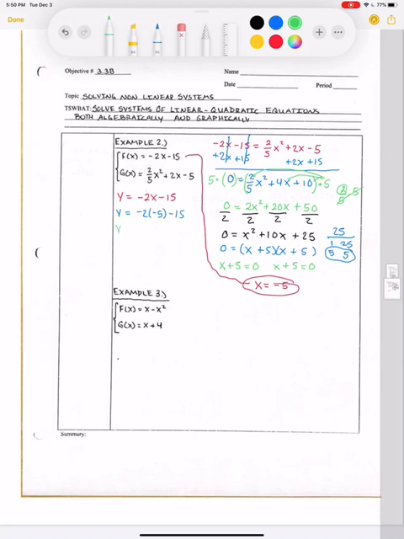Negative 2 times negative 5 is going to be a positive 10. 10 minus 15 is going to be a negative 5. So the ordered pair for this solution set is going to be negative 5 for x and negative 5 for y. This system only has one solution.